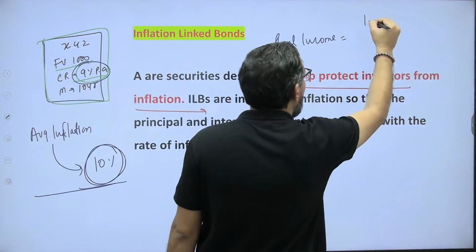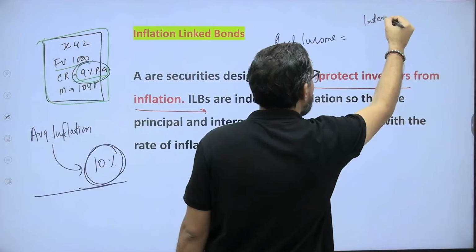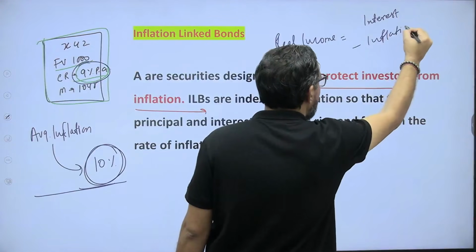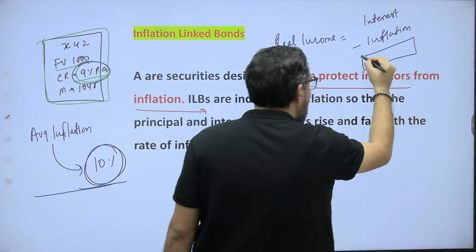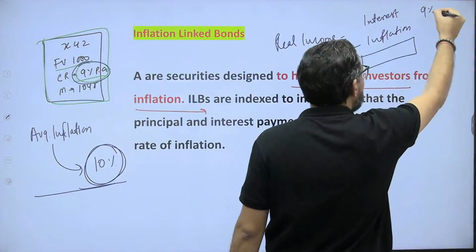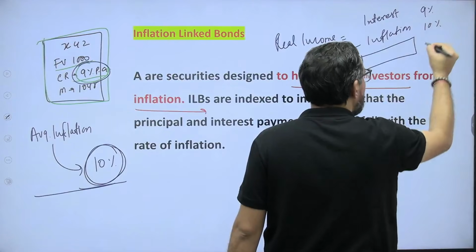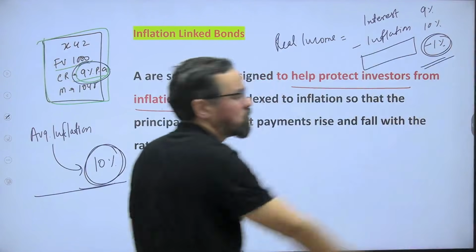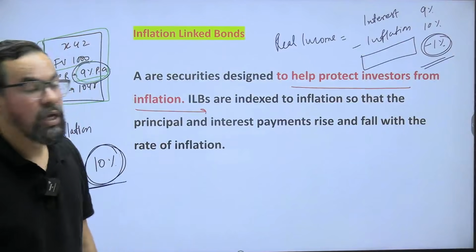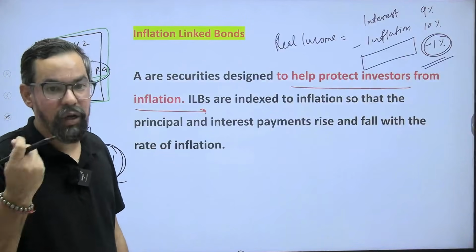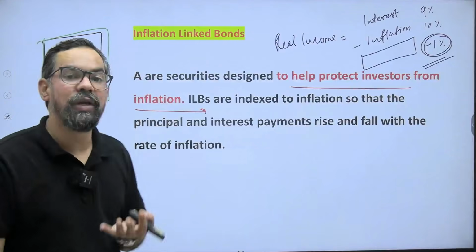It is interest minus inflation, which is the increase in prices. I hope everybody knows this. In this case your interest is 9% and inflation is 10%, so your investment went negative, that is minus 1%. So you did not get a single rupee from that investment, and that went completely wrong.